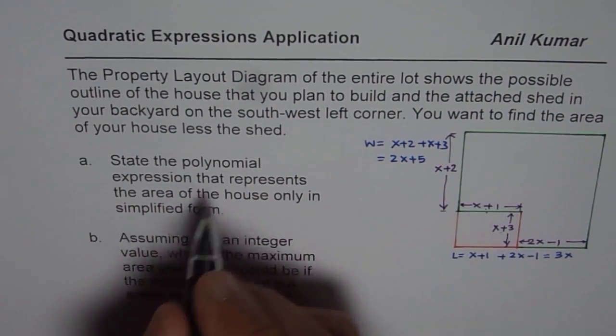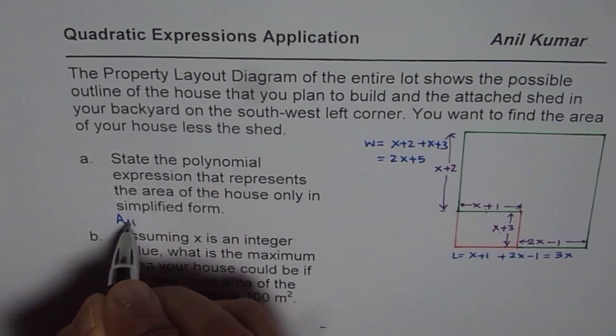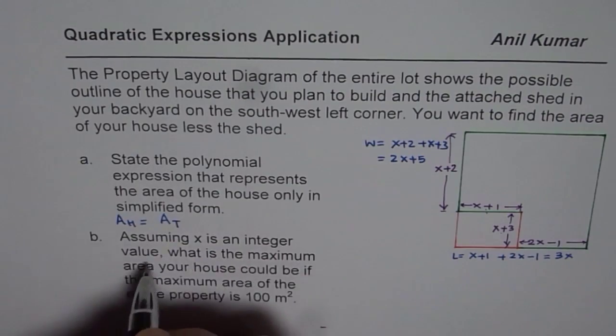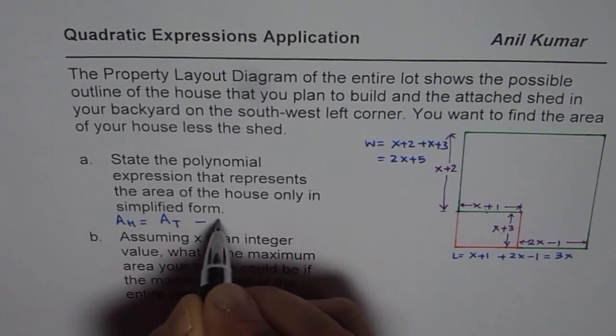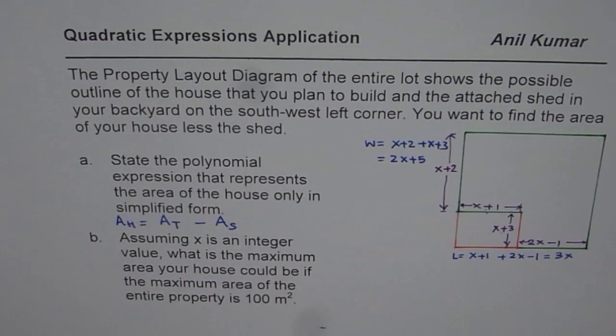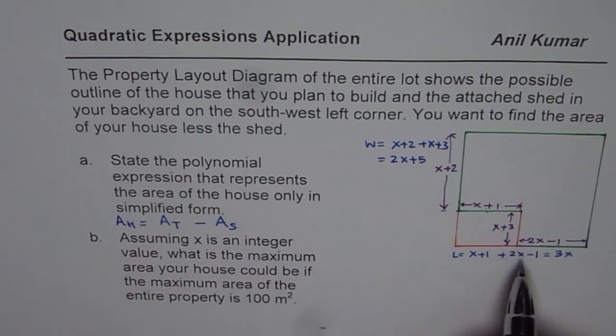So let me write down the expression for area of the house. We say area of the house is equal to total area, let me write this as A T, minus area of the shed. Is that okay? So that is the formula for the area of the house. And now we can write our expressions and find the answer.